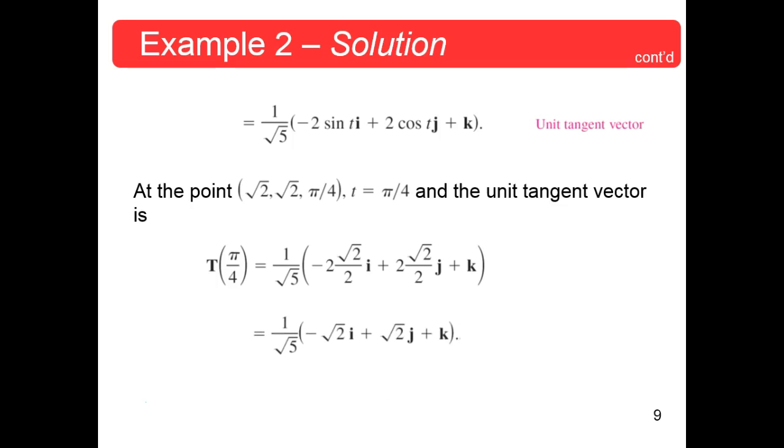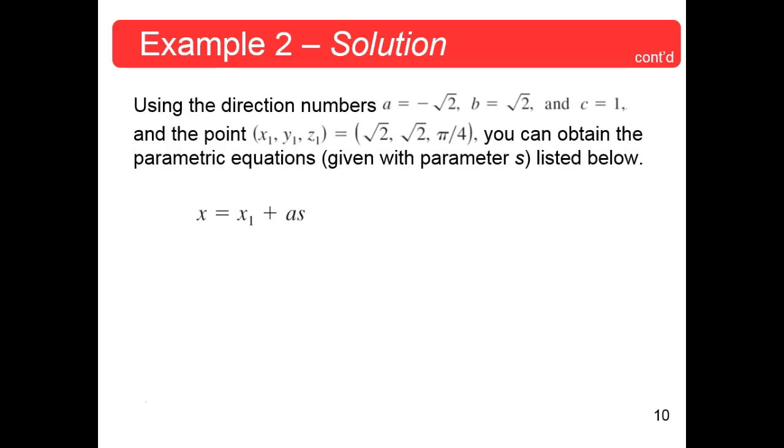So factor out the root 5. And it says here, using the direction numbers, A is equal to negative root 2, B is equal to positive root 2, and C is equal to 1. They're not the coefficients of the unit tangent vector. They don't have to be. They're the coefficients of the tangent vector. That's all you need.